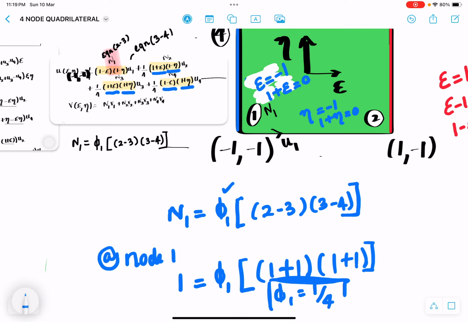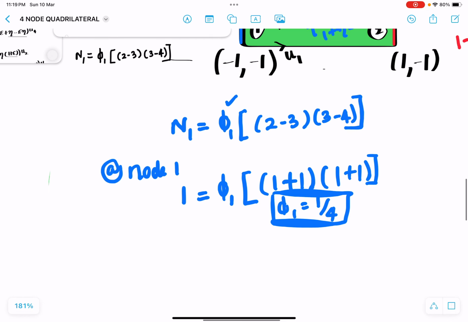You can pull exactly the same trick for n2. If you want, I can try for n2 also. So for n2, the equation is phi 2 into the equation for n2.